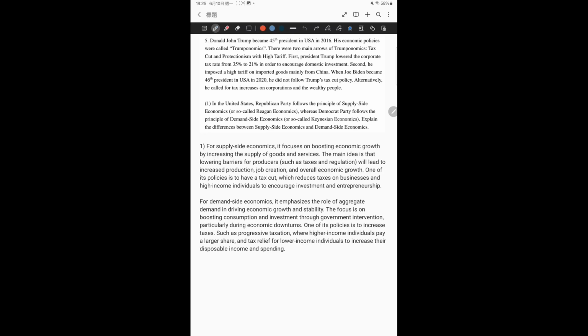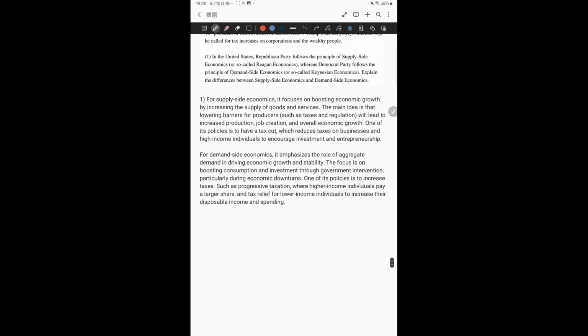One of the supply-side economics policies is to have a tax cut, which reduces taxes on businesses and high-income individuals to encourage investment and entrepreneurship.